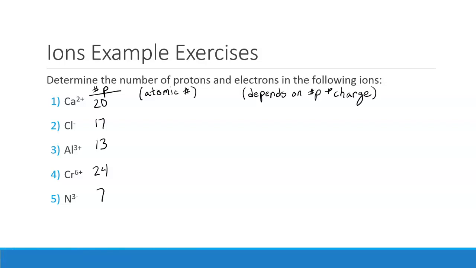Now, to determine the number of electrons, we're going to need to take the number of protons and either subtract or add based on the charge. So remember that we said positively charged ions lose electrons, and negatively charged ions gain electrons.